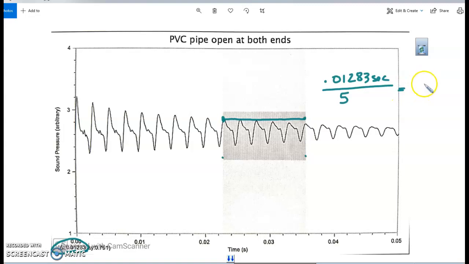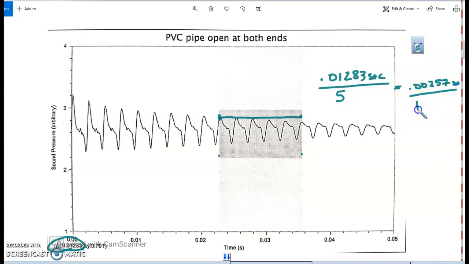Okay, so when you do that, it's going to be 0.00257 seconds per 1 cycle. Okay, now frequency is cycles per second. So what I'm going to do is flip that, and I'm going to go 1 divided by that, and the reciprocal should be 389 hertz.